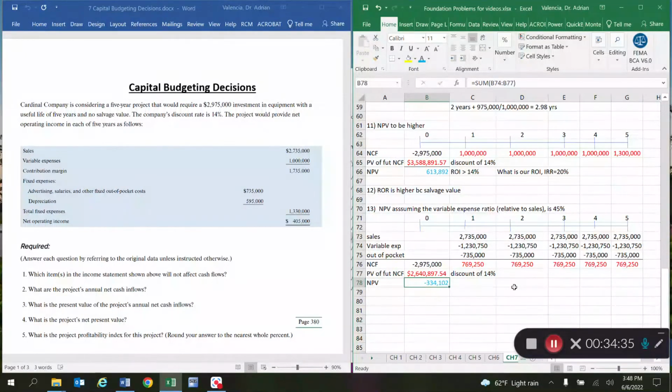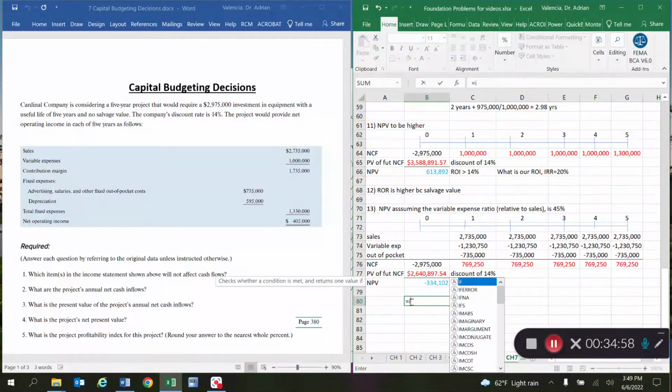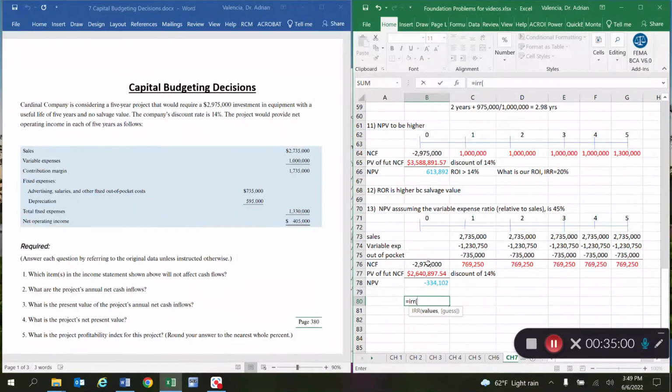And what does that mean? That means that if our NPV is negative based on these cash flows, then this investment proposal is not meeting the minimum 14%. The return on investment here is going to be much less than 14%. And if you wanted to look at the internal rate of return, in other words, you want to figure out how much we're actually making, we can do the internal rate of return computation.